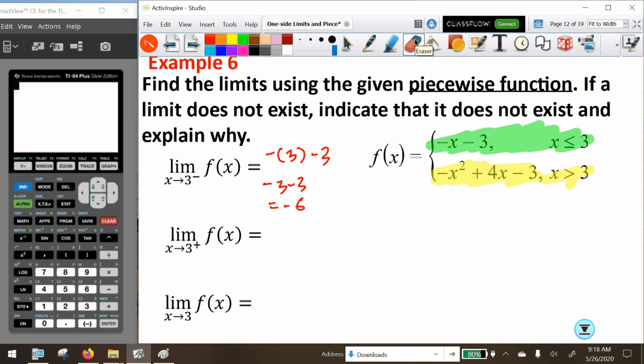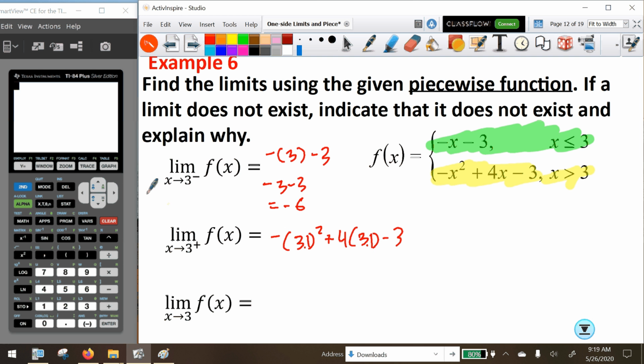All right, how does the function behave as x approaches 3 from the right side of 3? We're going to plug that into this function and see what we get. So as x approaches 3 from the right side of 3, we can try 3.1 if you want.